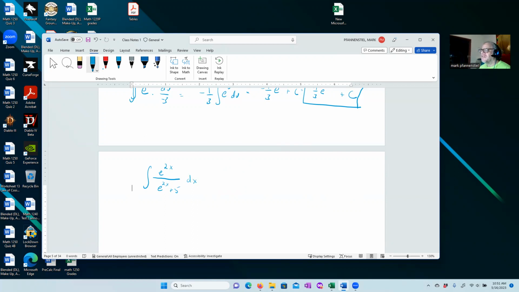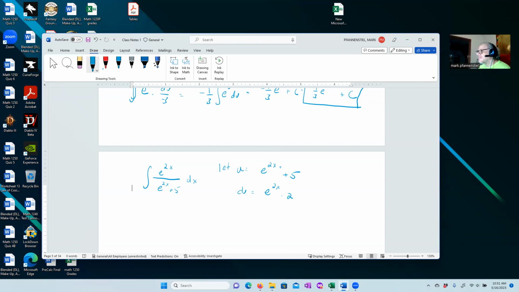The problem is whatever's on the bottom, right? Because if it was just e to the 2x, I could integrate that, no problem. But this thing on the bottom, that's a problem. So let's let u equal the thing that's a problem. So let u equal e to the 2x plus 5. When I take my du, we're going to have e to the 2x, don't forget the chain rule, times 2.